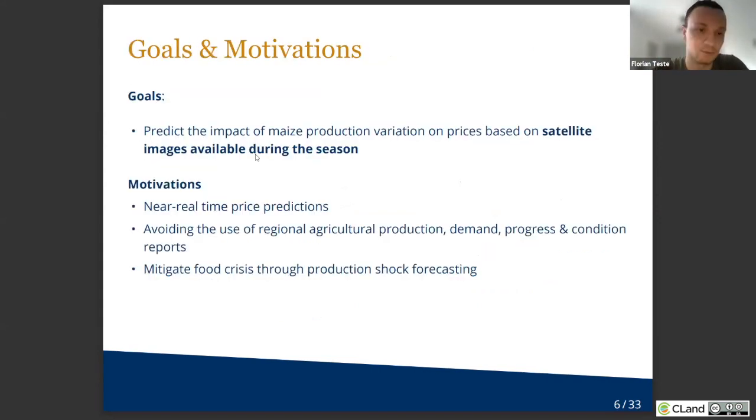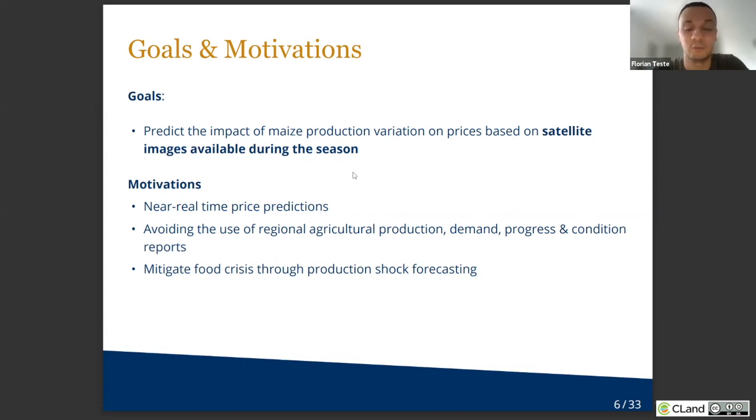So which brings me to our ultimate goal. I have already talked about it a little, but we want to predict the impact of the maize production variation on the prices using remote sensing data available during the season. What is important here is during the season, because it will pave the way to real-time price prediction.